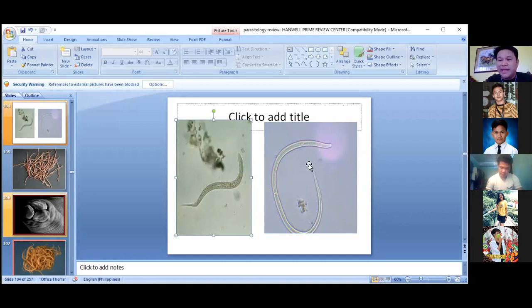And then after several moltings, in particular for Ascaris lumbricoides, it requires 3 moltings to become the filariform larva. The one on your right is known as your filariform larva. That is the invasive stage. Is it clear? Invasive basically because Ascaris lumbricoides is a visceral larva migrans. It's a VLM.